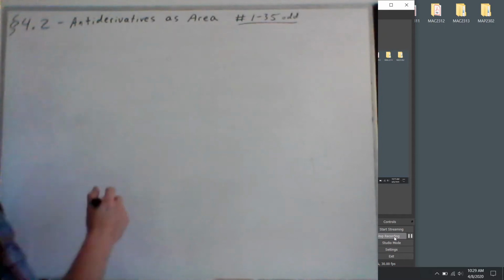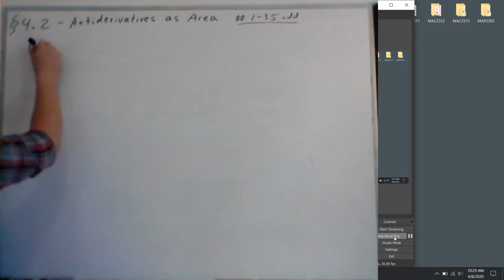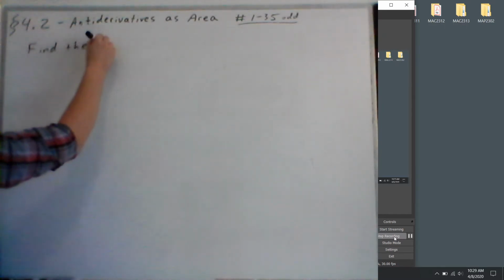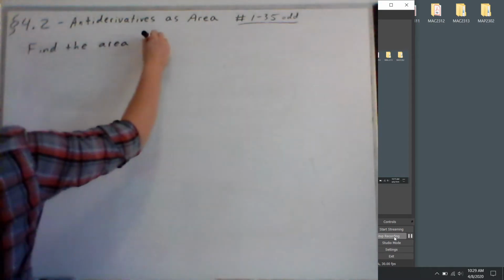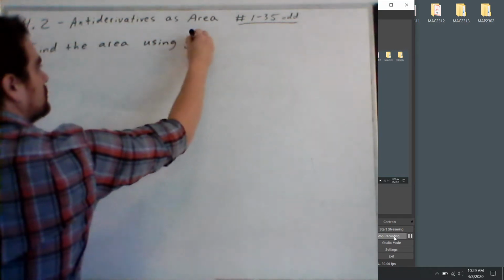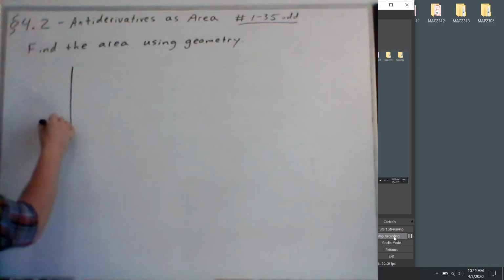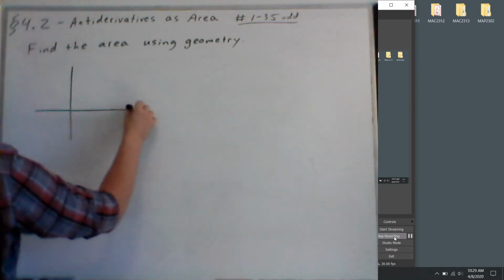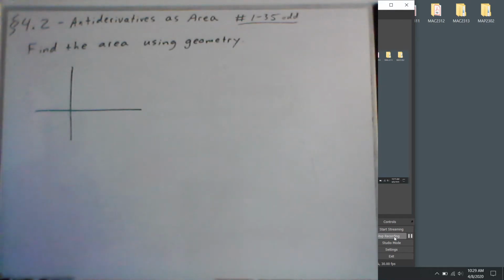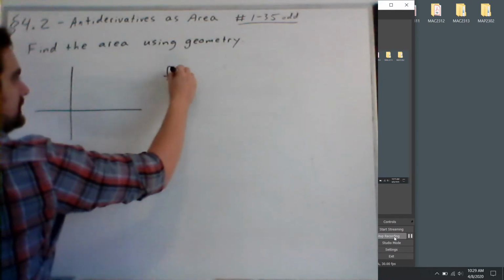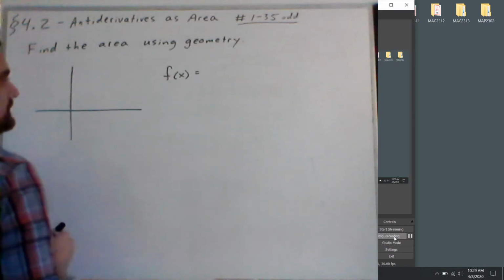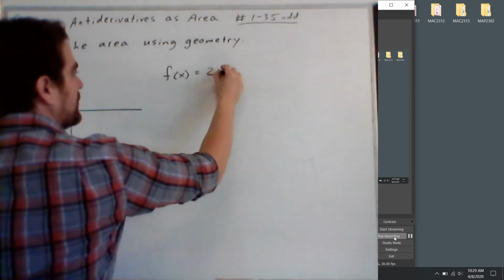So let's take a look at finding the area just using geometry, and we'll compare it to what we might get when we look at the integral. Let's take f of x equals 2x.